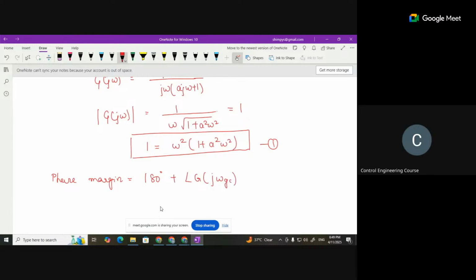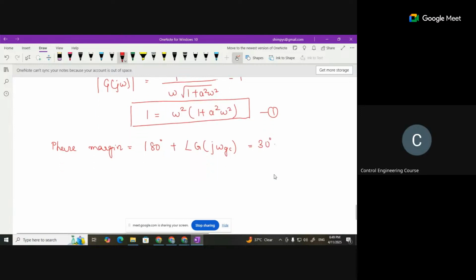And this is given to be 30 degrees. So can we find out what the angle is? Tell me how much you have evaluated.